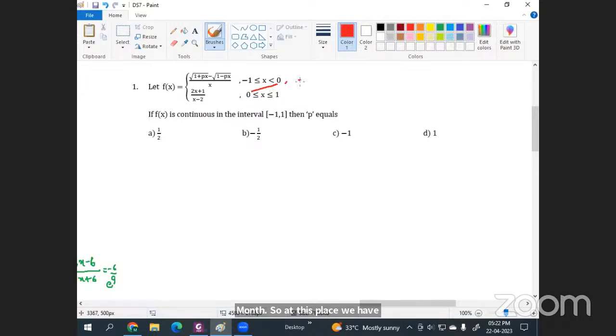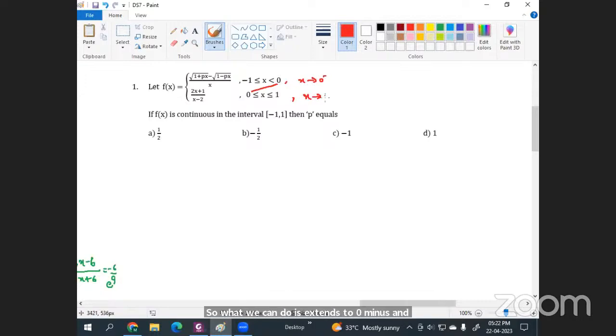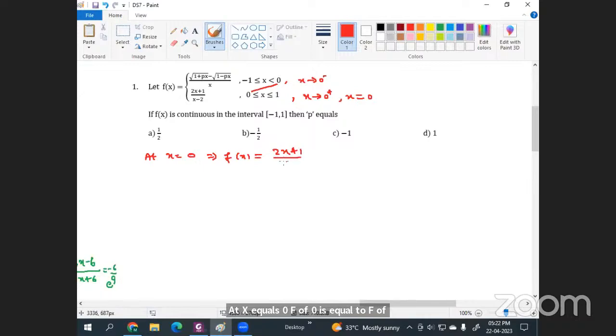So what we can do is x tends to 0 minus and x tends to 0 plus. Right? And x equal to 0 comes where? Here x equal to 0. So at x equal to 0, f of 0 equal to 2x plus 1 by x minus 2, equal to minus 1 by 2. I require to get the p value.